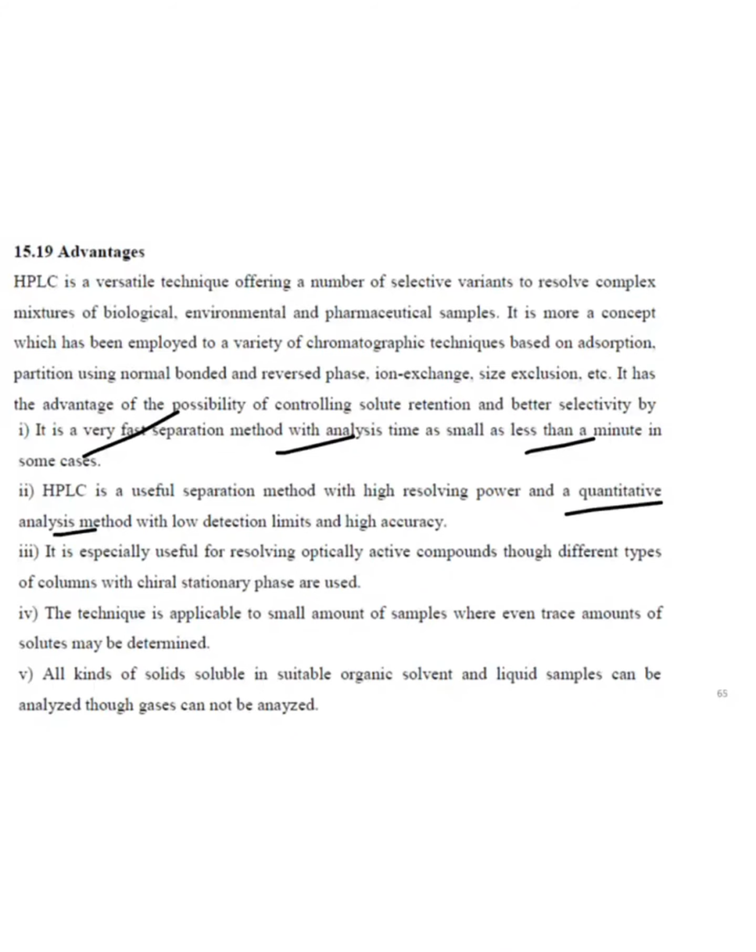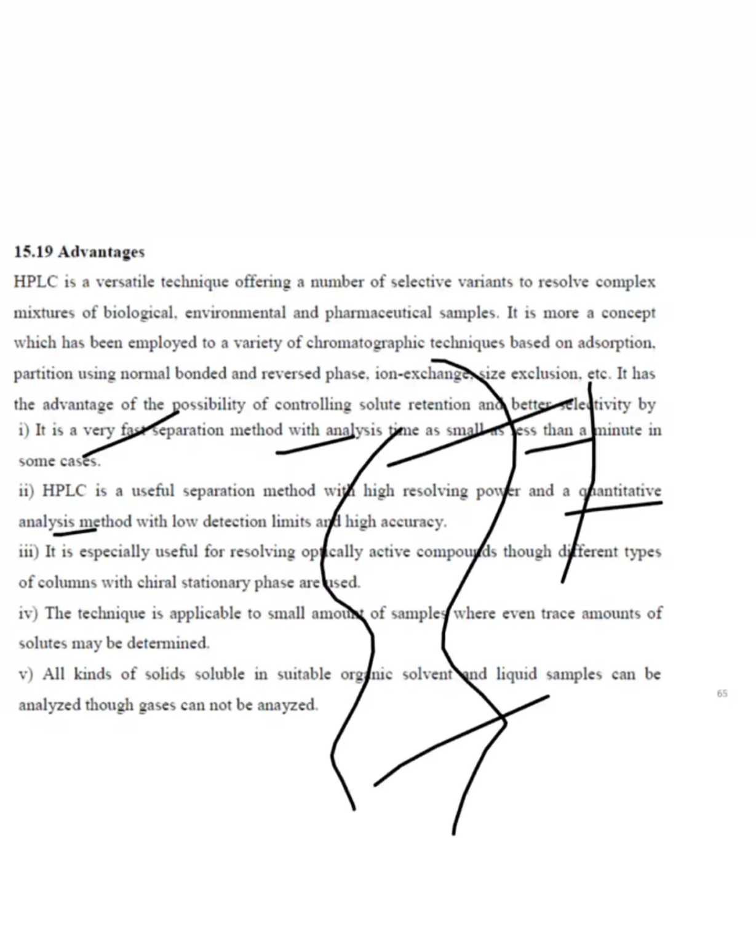These are the advantages. Some more advantages are there. Go through this in the SLM. You will get the easiest points you can note down and prepare for the exam. There are lots of advantages in HPLC.